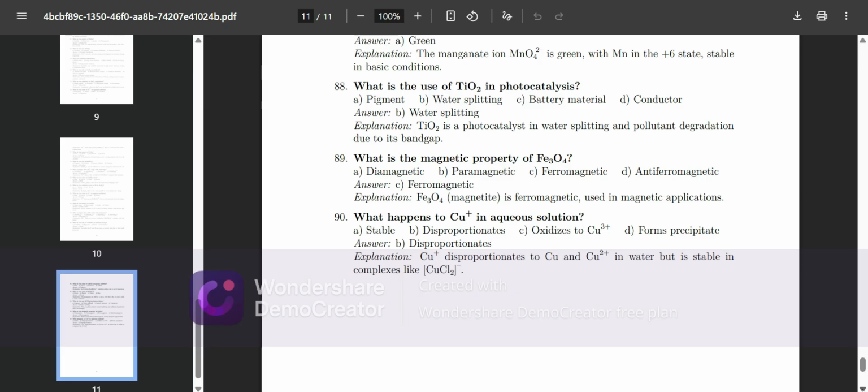What happens to Cu+ in aqueous solution? Disproportionate. Cu+ disproportionates to Cu and Cu2+ in water, but is stable in complexes like CuCl2 minus.